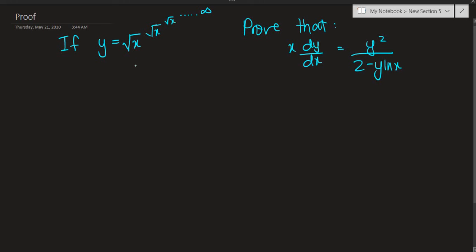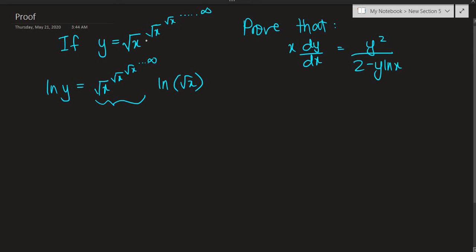Well, instantly looking at the arrangement of y, it's square root of x raised to itself, so variable raised to variable. So what are we going to do? Natural log, right? So natural log of y is going to equal whatever the power was, square root of x raised to square root of x raised to square root of x going on till infinity, times the natural log of square root of x. And what's this part?